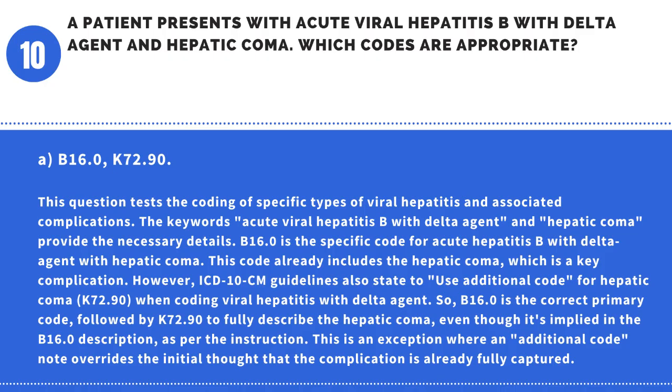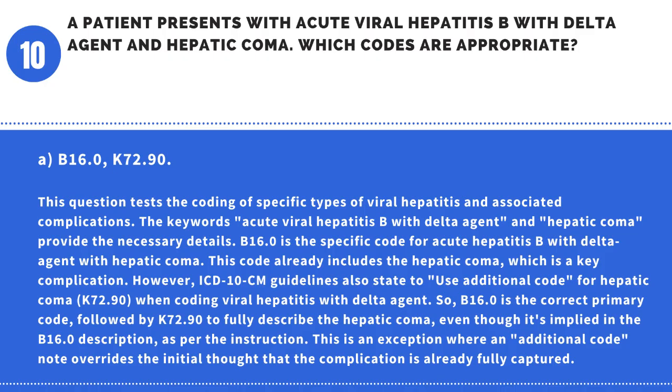This question tests the coding of specific types of viral hepatitis and associated complications. The keywords acute viral hepatitis B with delta agent and hepatic coma provide the necessary details. B16.0 is the specific code for acute hepatitis B with delta agent with hepatic coma. This code already includes the hepatic coma, which is a key complication.